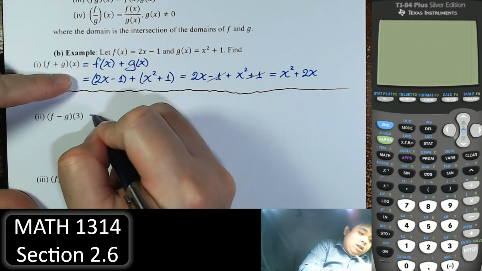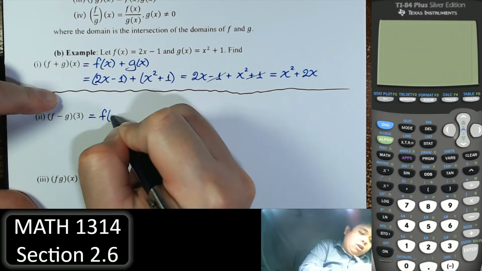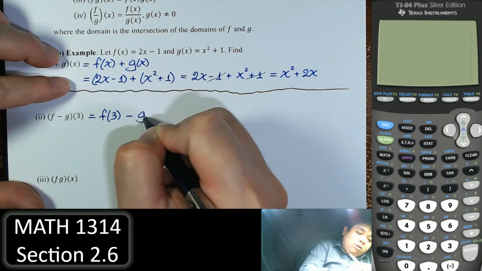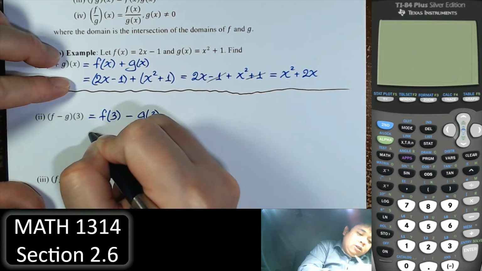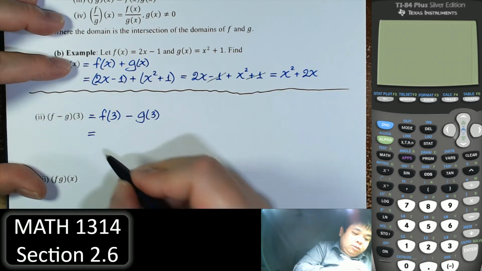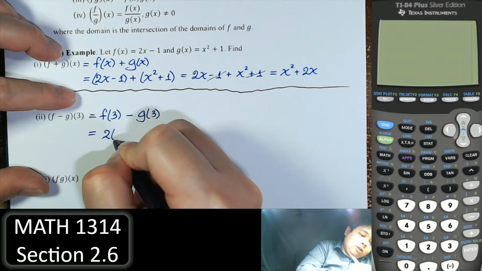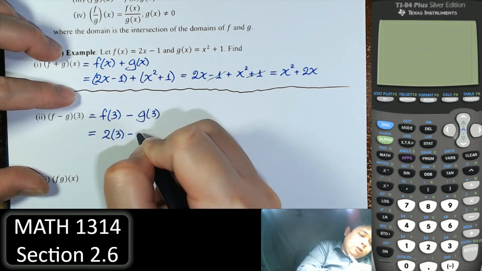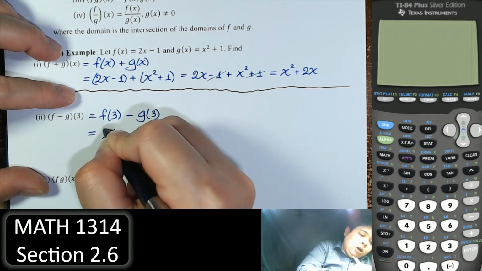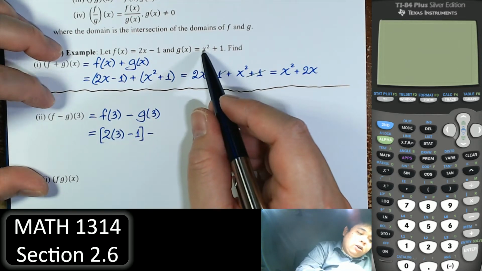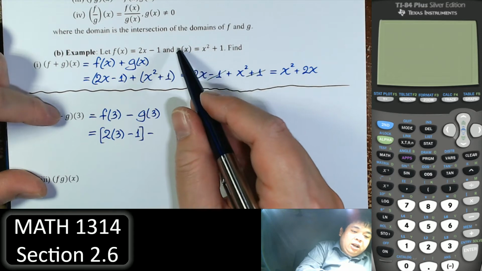And next, we have f of x minus g of x, but we write it like this. So we can say we have the function f at 3 minus the function g at 3. So we're going to put 3 in for x. Whatever we have, subtract when we put 3 in for x here of the g function.